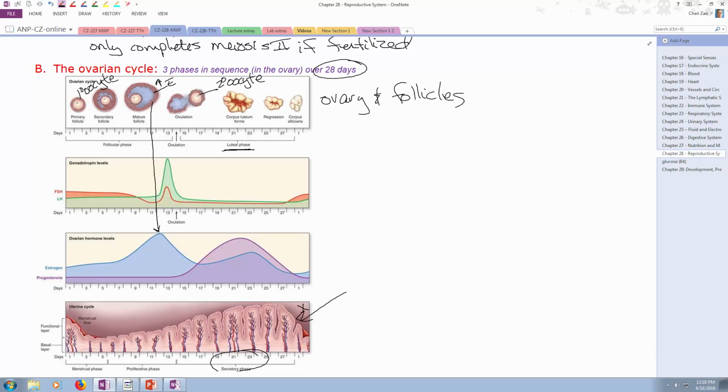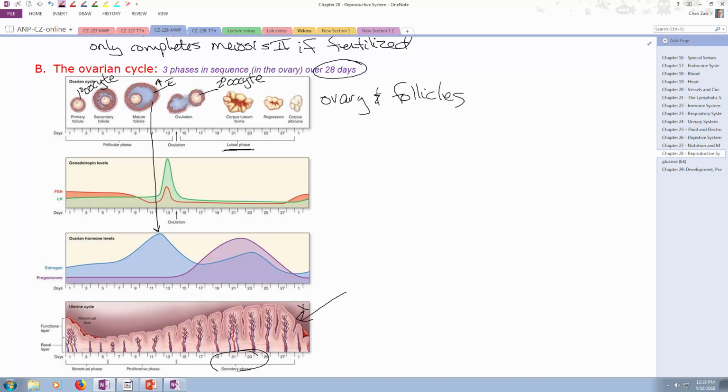Now, the follicles started to develop. A bunch of follicles were recruited to become primary follicles. And remember, follicle is what we see in the ovary. They were recruited to become primary follicles, which means we go from simple squamous epithelium to cuboidal epithelium to producing hormone.